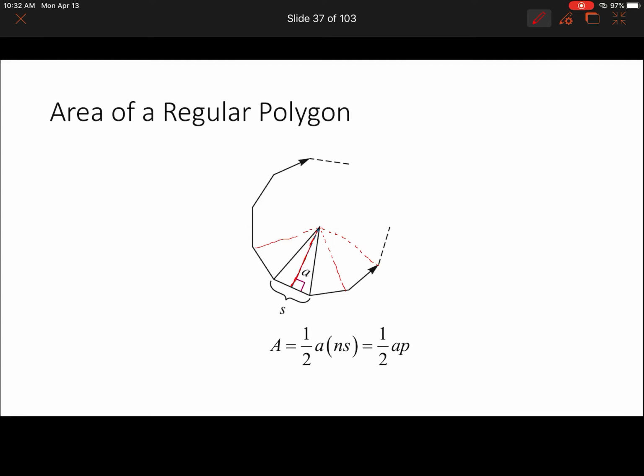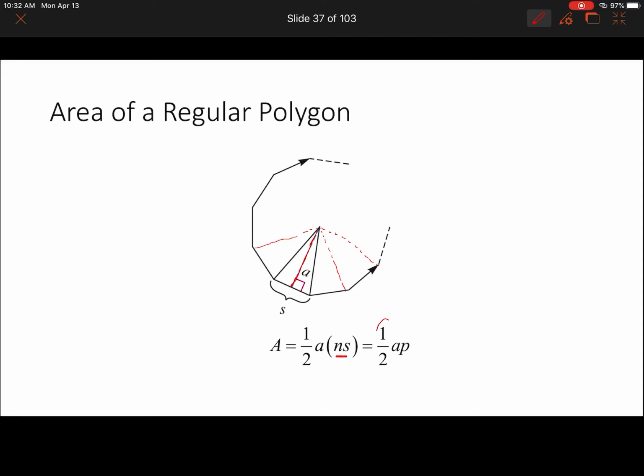And then you'll notice it says times NS. That NS is the number of sides. Okay, so if this is a 15-gon, for example, then it would be 15 sides times the length of side S, which is also the perimeter.